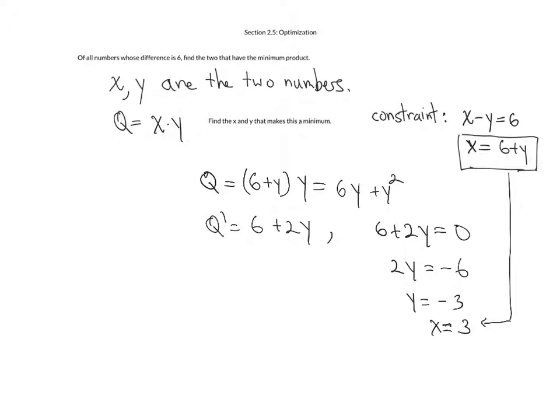Finally, in order to be sure that this value of y, negative 3, corresponds to a minimum of this function Q, I should take the second derivative, and I'll do that over here. The second derivative of Q is exactly equal to 2, and since that is positive, I know that this value of y corresponds to a minimum of the function Q, and since it's the only critical point, I know it's an absolute minimum.